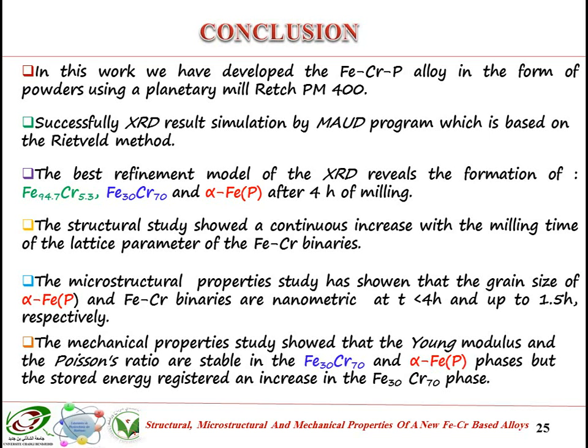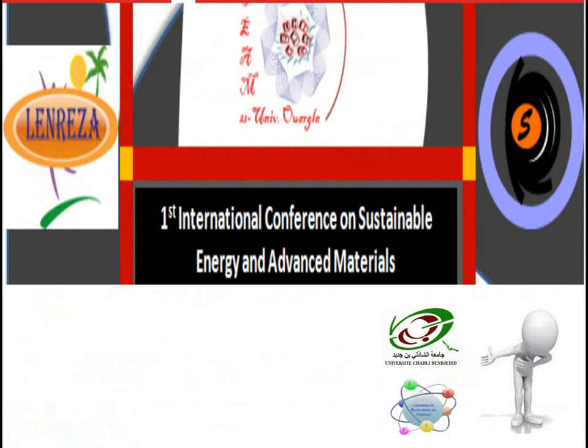The mechanical properties study showed that the Young's modulus and the Poisson's ratio are stable in the iron 30 chromium 70 and the alpha iron P phases, but the stored energy registered an increase in the iron 30 chromium 70 phase.